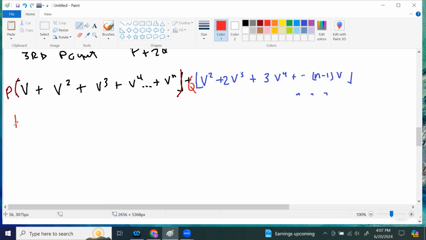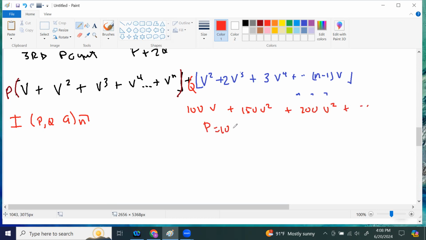This is sometimes denoted by I. P, Q, and a angle n is how it's often denoted, where P is the base amount, and you add multiples of Q. So for example, if you had an annuity that started off with 100, and then you had 150, then you had 200, and so forth, here P would be 100, and your Q would be 50.